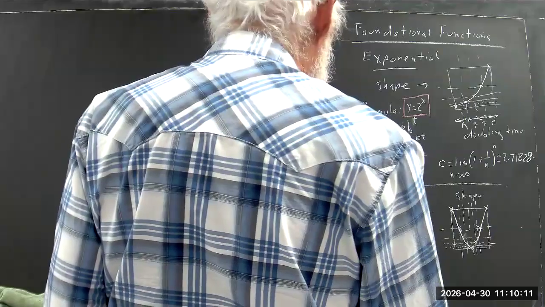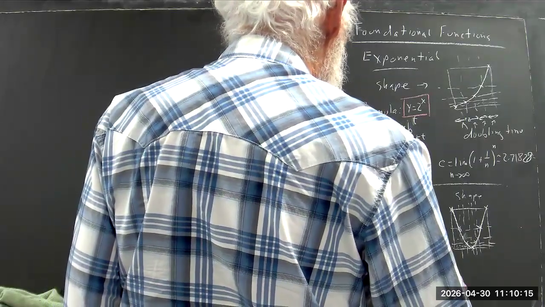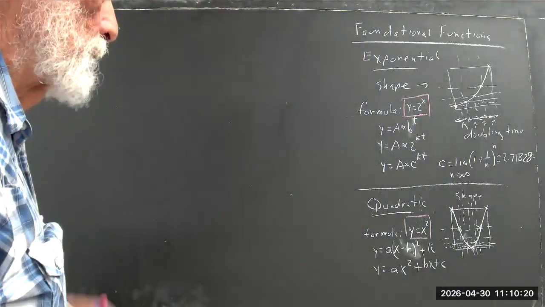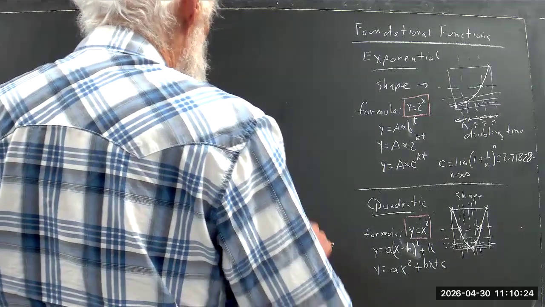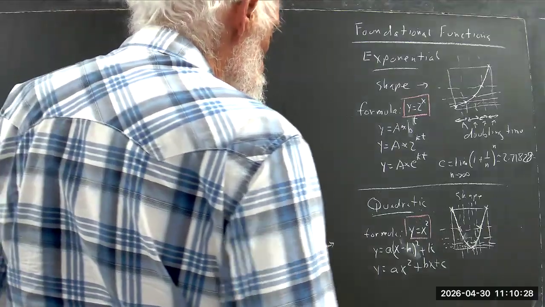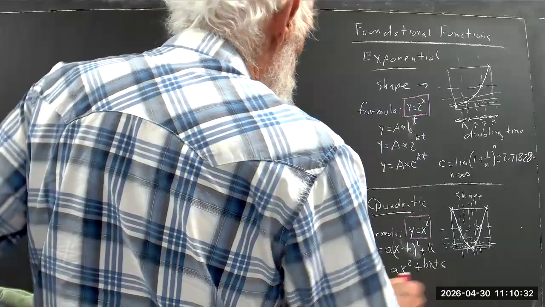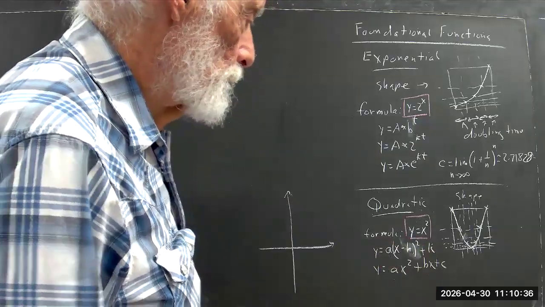Or the general form, y equals ax squared plus bx plus c. Now this y equals a times the quantity x minus h squared plus k.